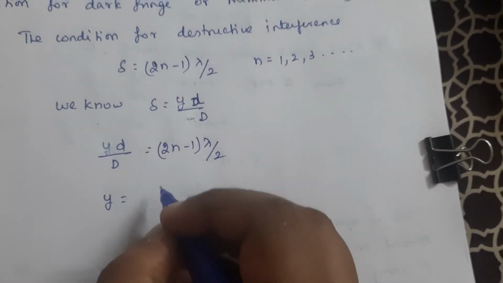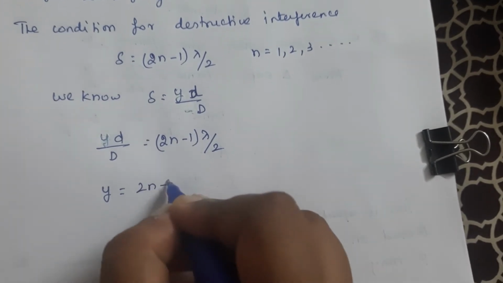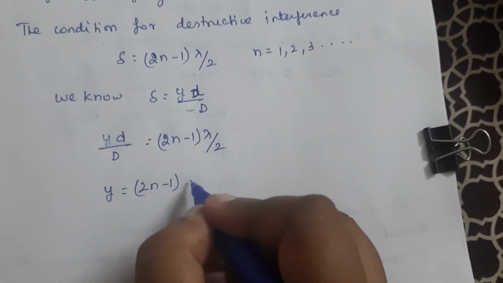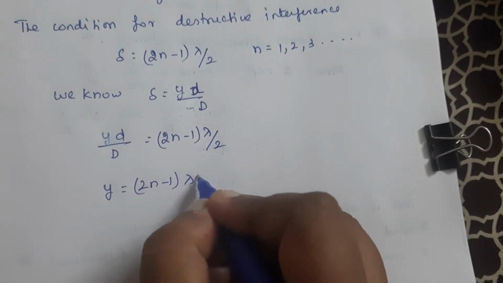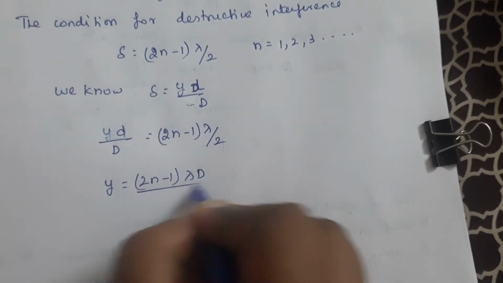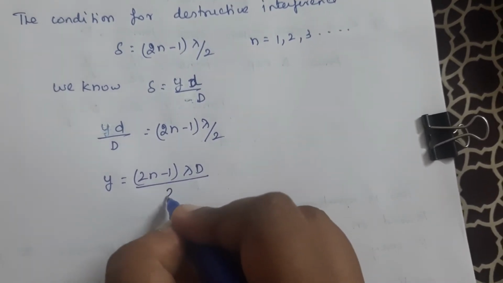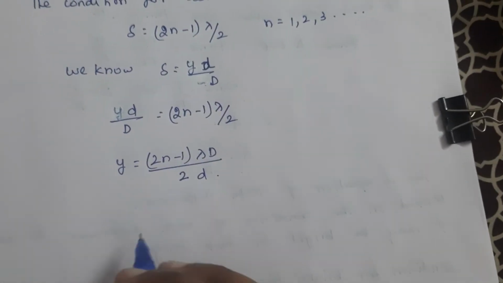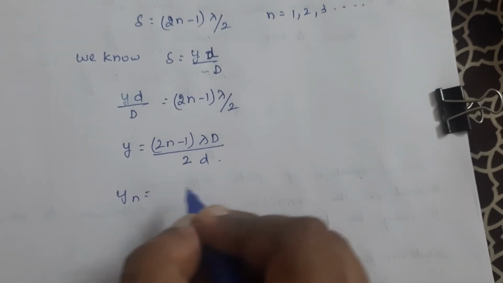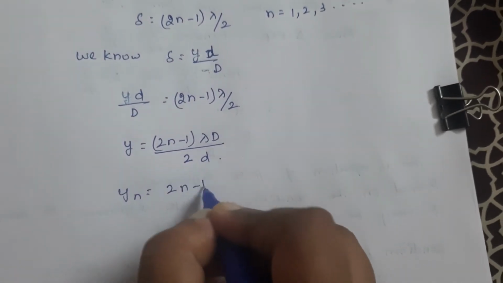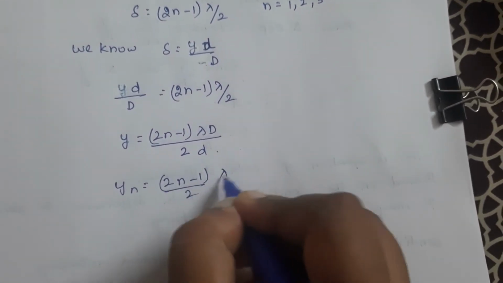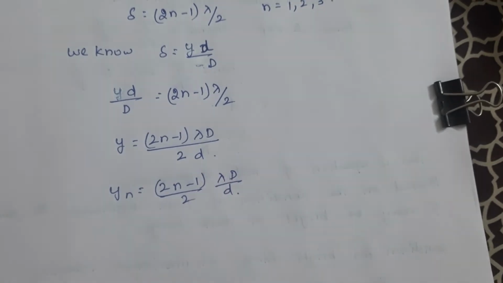Y is equal to (2n minus 1) lambda D by 2d, or you can write yn is equal to (2n minus 1) by 2 lambda D by d.